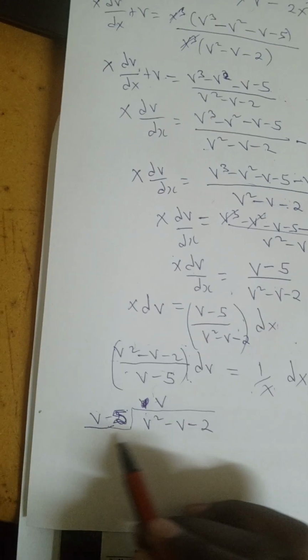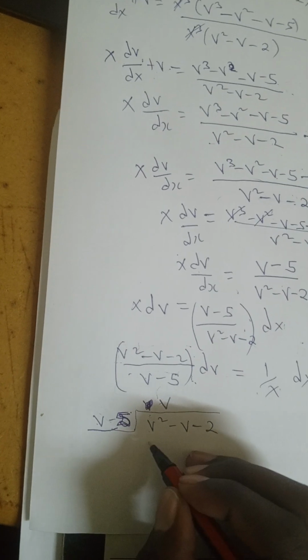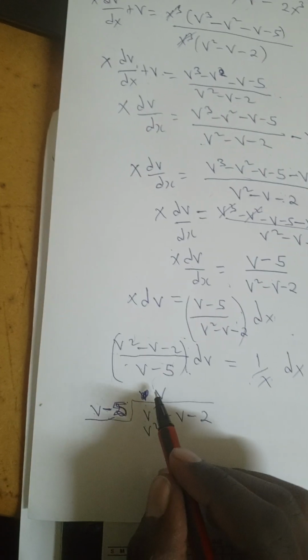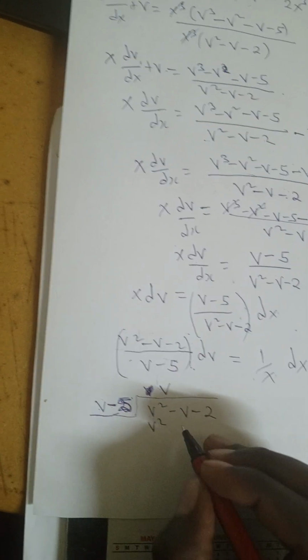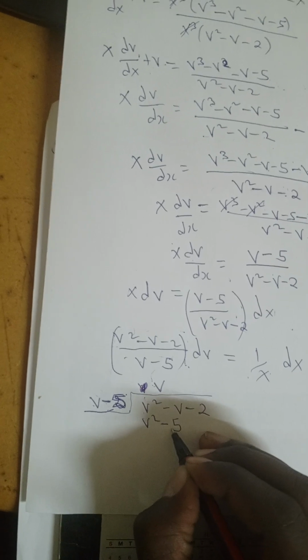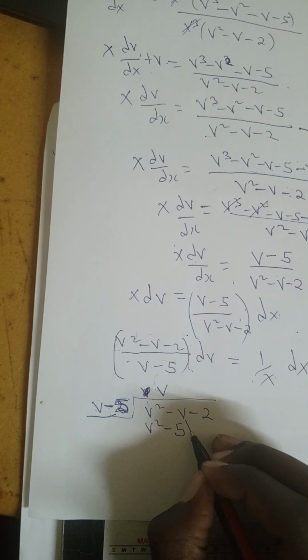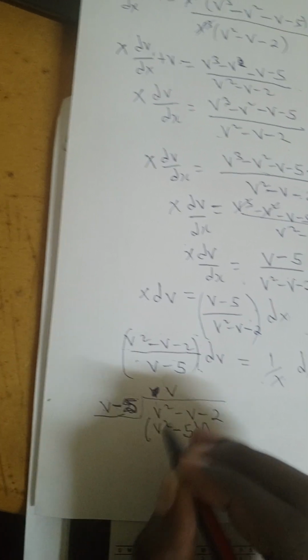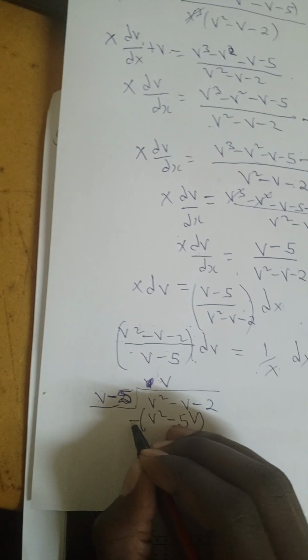Then v multiplied by v is v squared. Then v multiplied by negative 5 is negative 5v. Then we are going to subtract the whole thing the way it is. I'm going to put it in brackets and say minus.